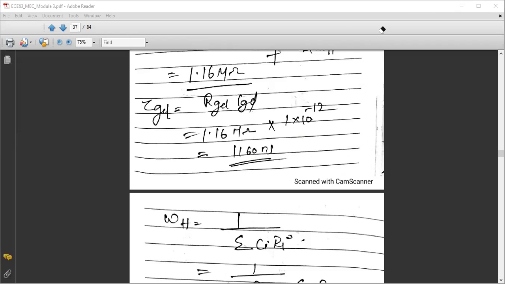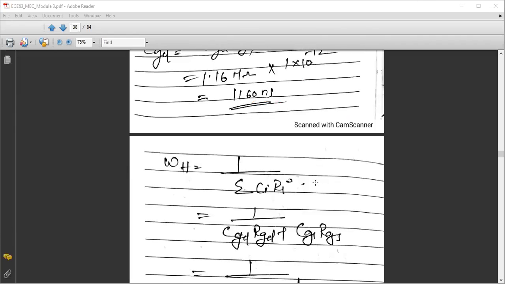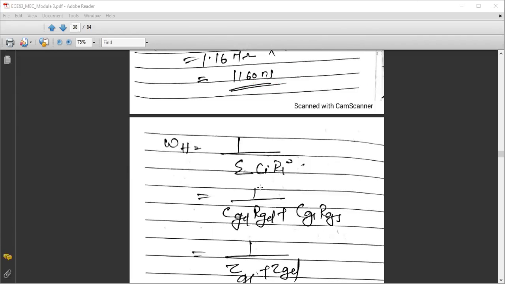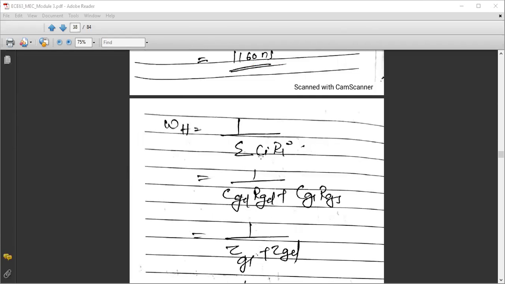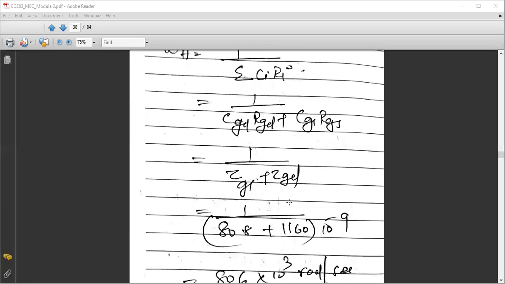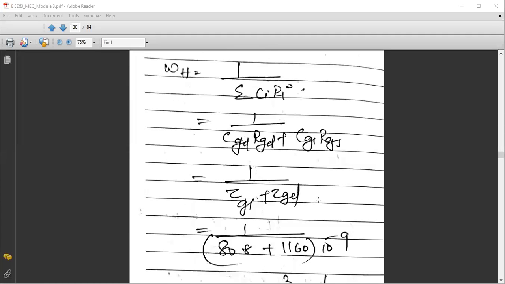So once you get the two time constants, what do you have to do? In the denominator, you have to add these two, right? Time constant is nothing but the product of RC. So the two products you are going to add, then you will take the reciprocal. So tau GS plus tau GD, you will add and take the reciprocal.